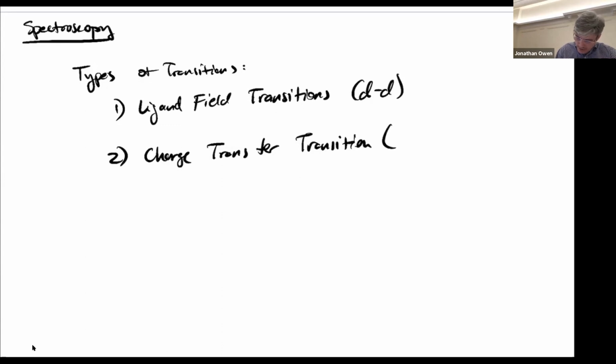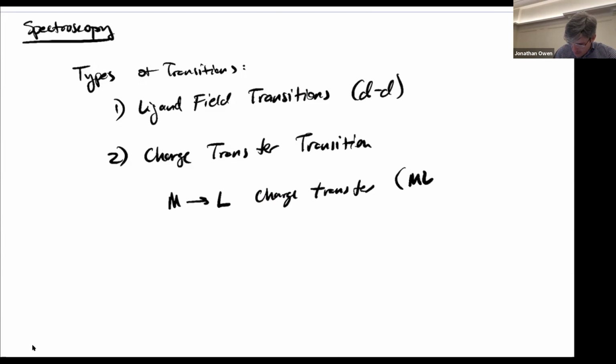And there are 2 types that people tend to be interested in. One is where the metal sends electrons over to the ligand. MLCT is what people call that, metal to ligand charge transfer.